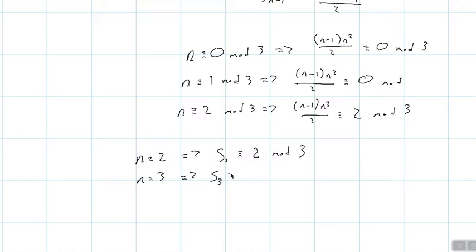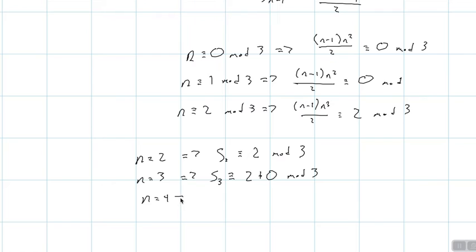Well, S sub 3 is equal to whatever S sub 2 is, so 2, and then we're going to add whatever the value of this is. That would mean that n is equal to 0 mod 3, so we're adding a 0. And so equal to 2 again, not divisible by 3.